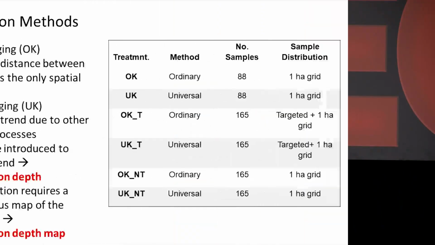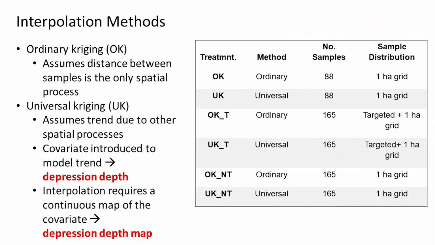So the first method, which is really the basis for the commercial soil P maps that we get from the industry, is ordinary kriging. In the case of ordinary kriging, it really assumes the distance between samples is the only important process that's creating the pattern in soil P. So that's our baseline, you might think of.